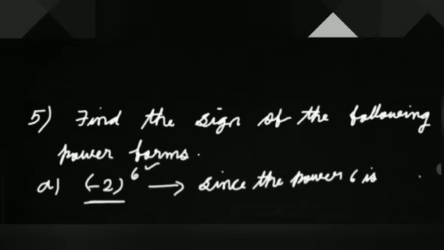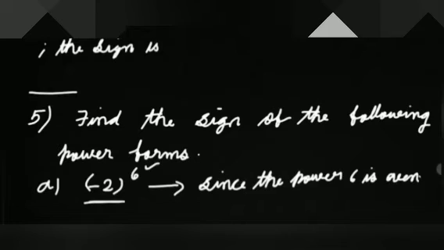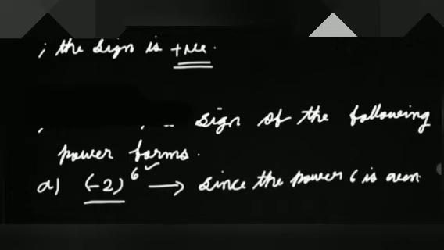Is it clear? Yeah, even power of a negative integer is positive. So how can the answer be written? Since the power 6 is even, the sign is positive. What is the reason? Even power of a negative integer is positive, isn't it?